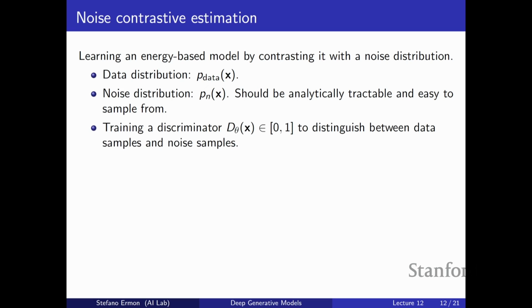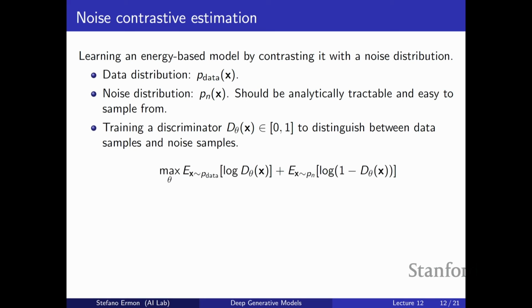What we're essentially going to do is go back to the GAN idea of training a discriminator to distinguish between data samples and noise samples. So far, there are no energy-based models, just the usual GAN-like objective. The reason I'm bringing this up is that if you had the optimal discriminator, then you would get these density ratios between the noise distribution and the data distribution.